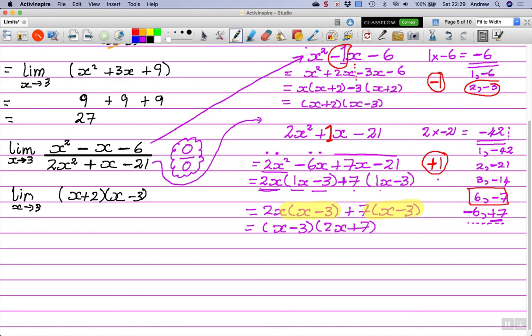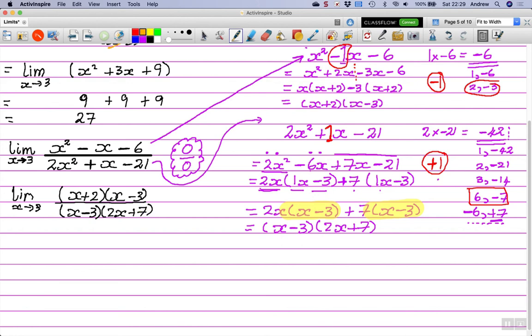And that allows us now to come back over to the original problem and slot back in that factorized version, which is x minus 3 on 2x plus 7.